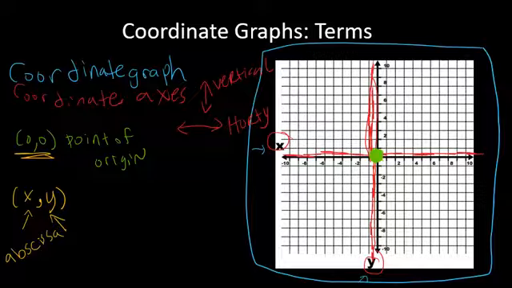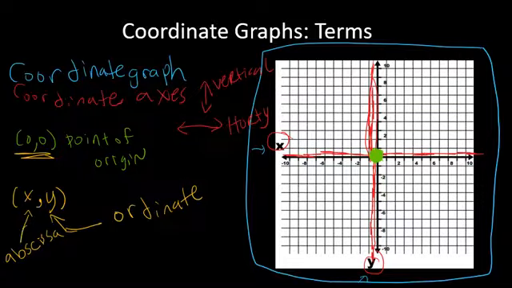That's for x. And then the y is a little bit easier. That's called ordinate. So if someone throws that word out in your math class, they're talking about the x point.